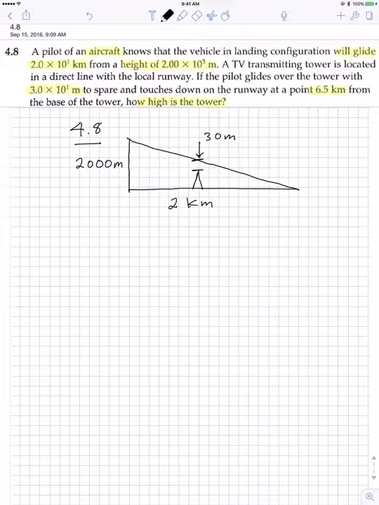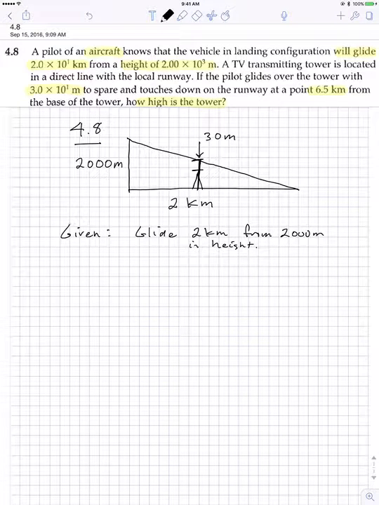Okay. So we know all these things, and we need to know how high is the tower. Okay. So I think you can see we need to really know this length. Once we know this length, we can subtract off the 30 and get the height of the tower. Okay, so we're given several things. We're given that the aircraft will glide 2 kilometers from 2,000 meters in height.